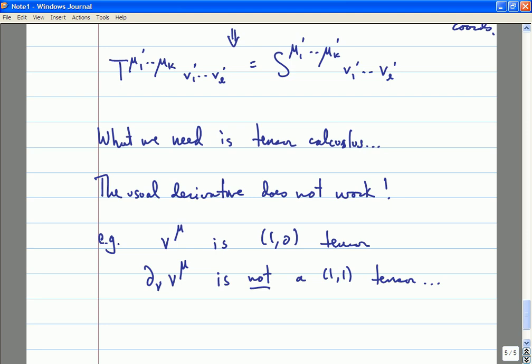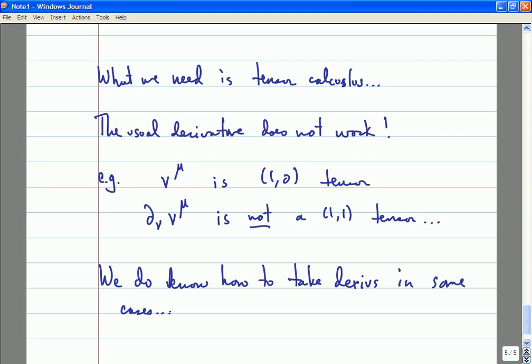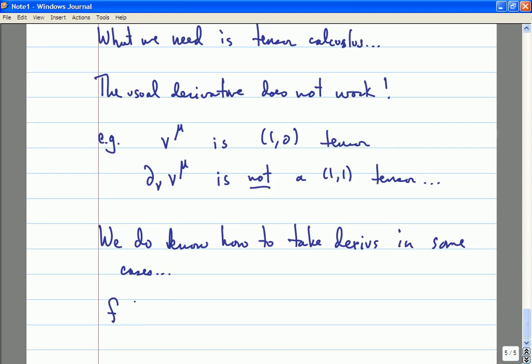I should note, however, that there are some cases where we do know how to take derivatives. So for example, if f is a scalar, which is to say a (0,0) tensor, then d mu f, as we saw last class, is a (0,1) tensor.